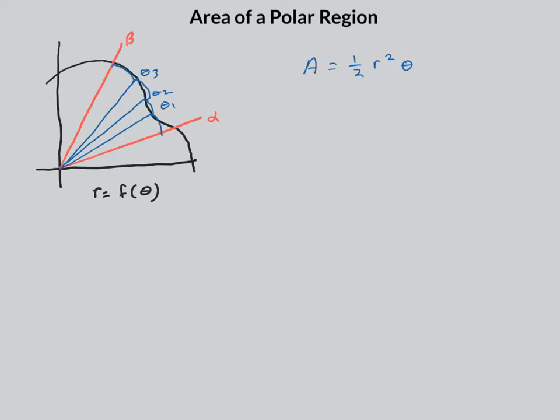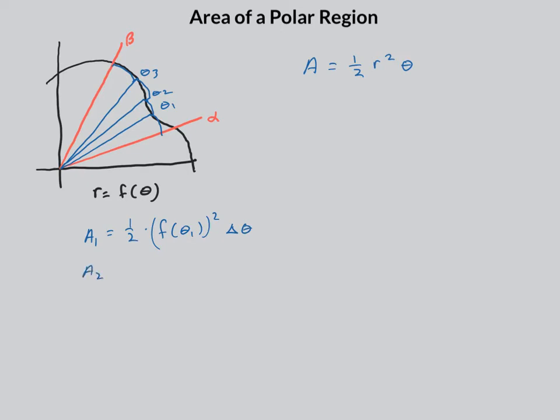Now if I look at this first sector, what I know is that area 1 is going to be 1/2 times my radius, which is f of theta 1, that thing squared, times, since this is a regular partition, just delta theta.